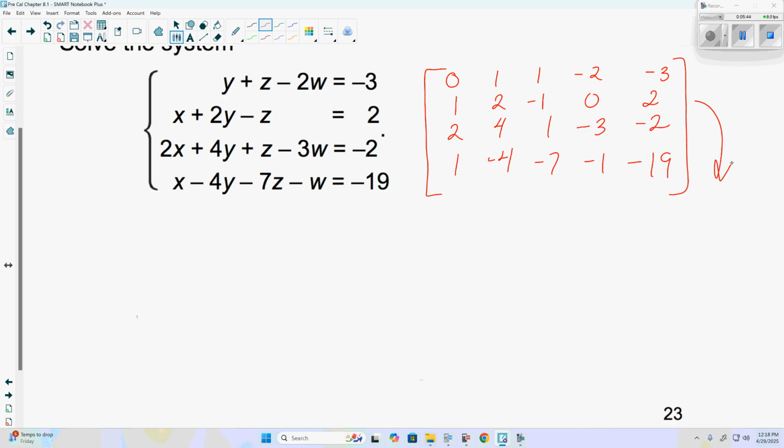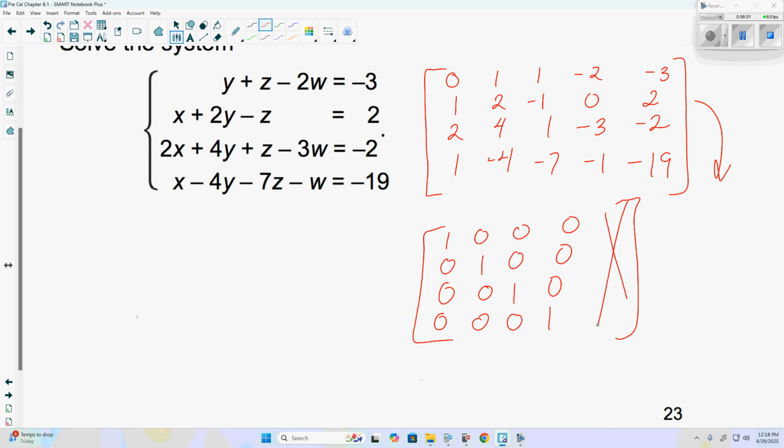And we would want to get this into either our row echelon form, or better yet, our reduced row echelon form. Because that would tell us that whatever is here, the numbers in those 4 spots there, would be the solution. And it'd be about figuring out ways to get it there, be that adding, subtracting, multiplying, dividing these rows together.